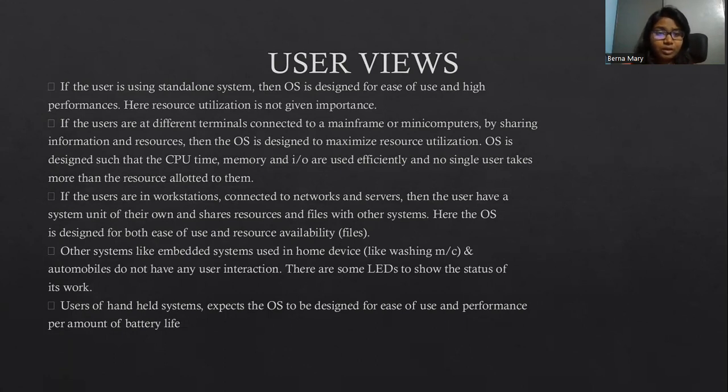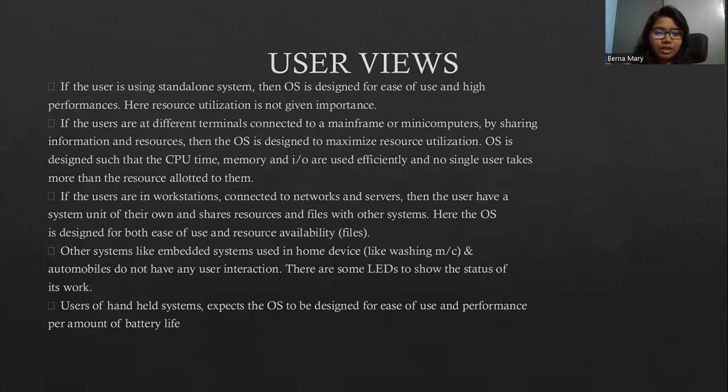If the users are on workstations connected to a network and server, then the users have a system unit of their own and share resources and files with other systems. Here the operating system is designed for both ease of use and resource availability.